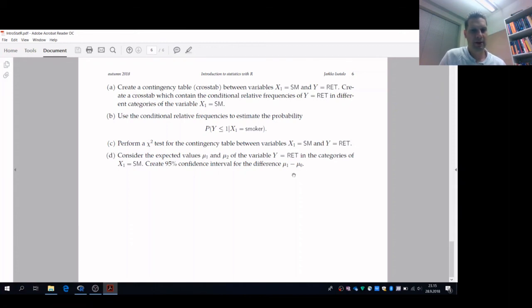And then we could start considering a confidence interval for the difference of these expected values.